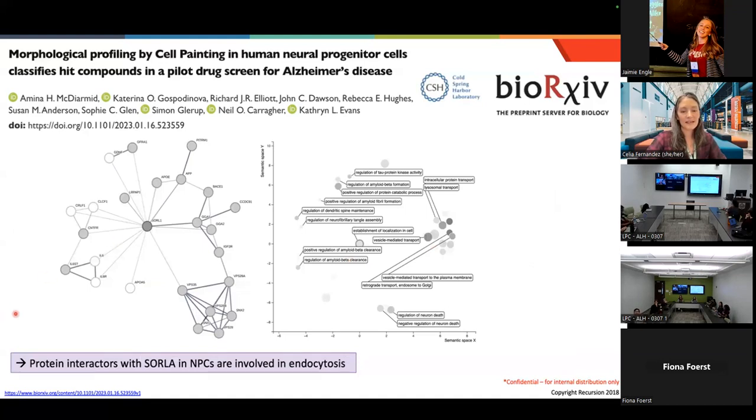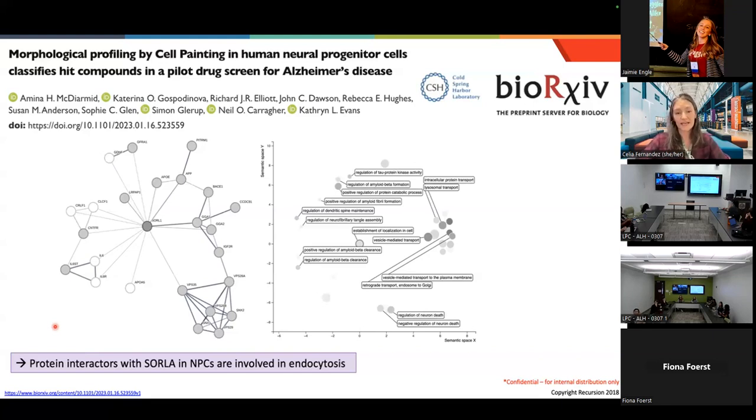Next, sortilin A is just the protein that's made by the gene sortilin that they've knocked out. So they did this pathway analysis, or this analysis of protein interactors with sortilin A in the NPCs in particular, and they found that these protein interactors are involved in endocytosis.